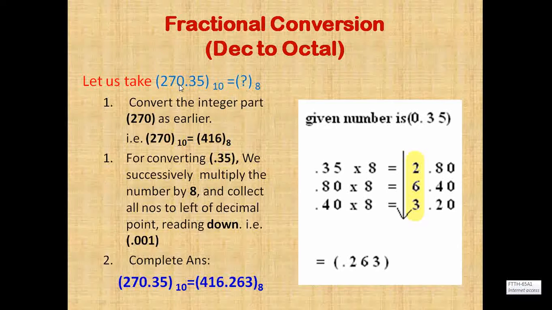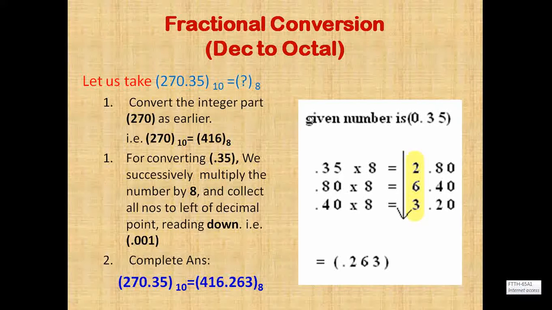So first we will do this in two parts. First of all, we will convert this integer part as we did in the earlier example, so that you can do yourself. 270 at base 10 becomes 416.